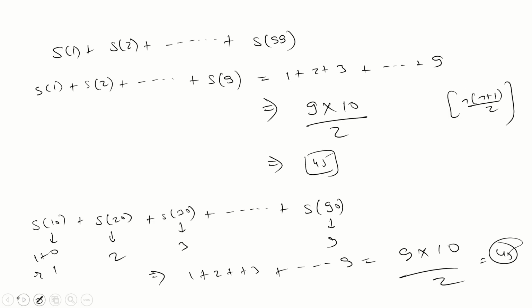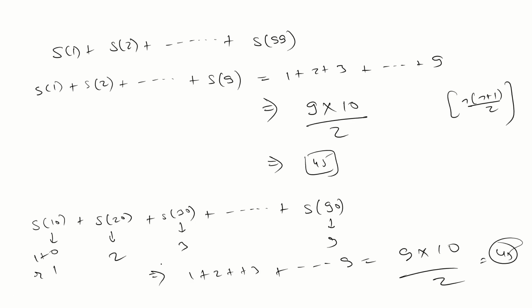Okay, so guys, 1 to 99. Basically we have 1 to 99, but out of this, we have already found the summation of 1 to 9 and 10 to 90. So what's the remaining portion? The remaining portion is from 11 to 19, 21 to 29, 31 to 39, 41 to 49, up till 99.